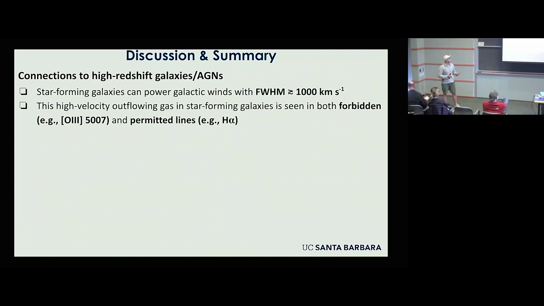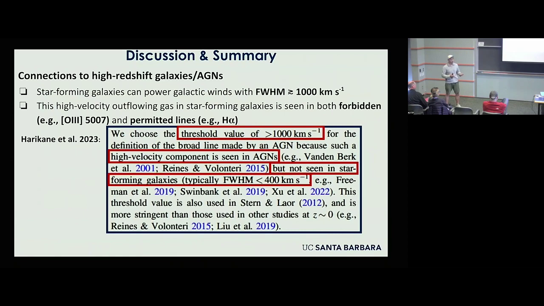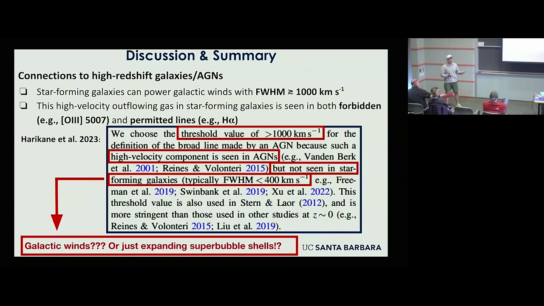These points are connected to high-redshift galaxy and AGN studies, because a full velocity max of 1,000 kilometers per second is often set as a threshold to distinguish outflows powered by an AGN from those in star-forming galaxies, because most star-forming galaxies have a full velocity max less than, for example, 400 or 500 kilometers per second. But based on our studies, this is probably not just galactic wind, but also expanding superbubble shells.